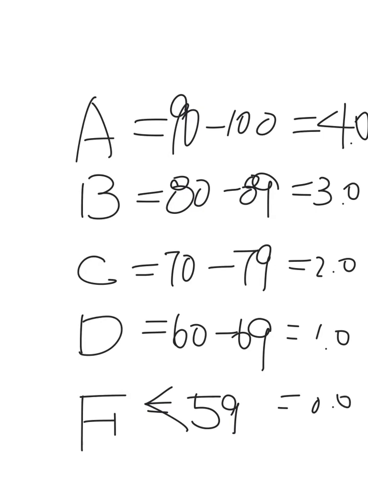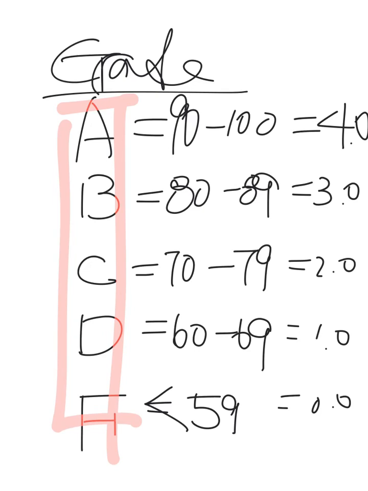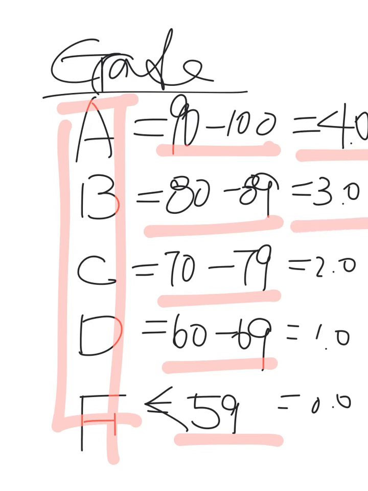So the grade, I'm sorry, numerical. But when I focus on the letters, it looks like categorical, isn't it? But as you explained, it is 90 to 100, the 80s, 70s, 60s, right? Or 4, 3, 2, 1, 0.